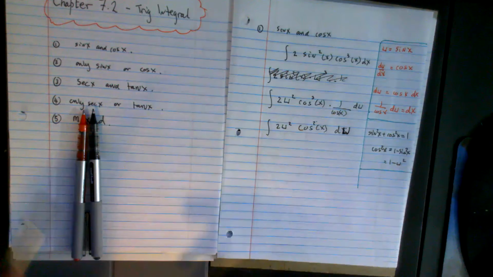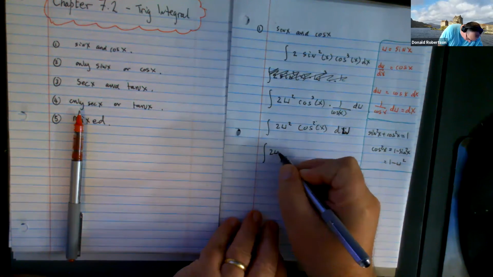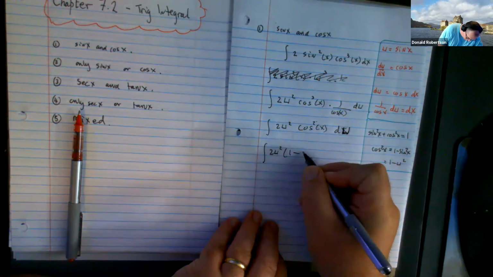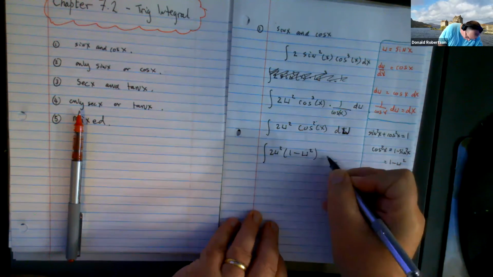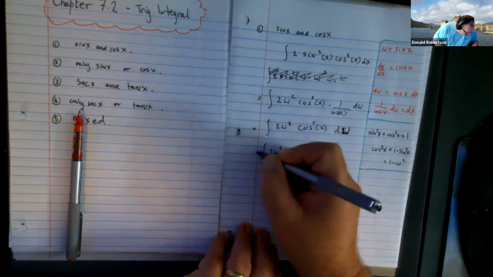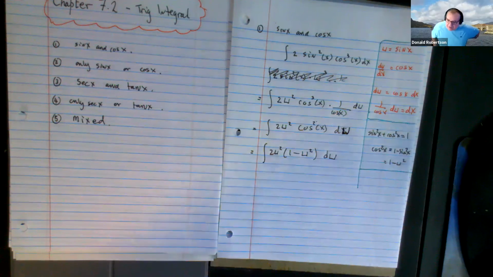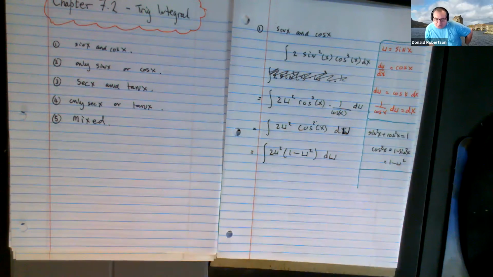We have now got the integral of 2u squared times 1 minus u squared du. Expect to do a lot of thinking in these questions. But also, as we go on, I hope you start getting more comfortable with the processes that you're going to use. Okay, what do you think I should do next?